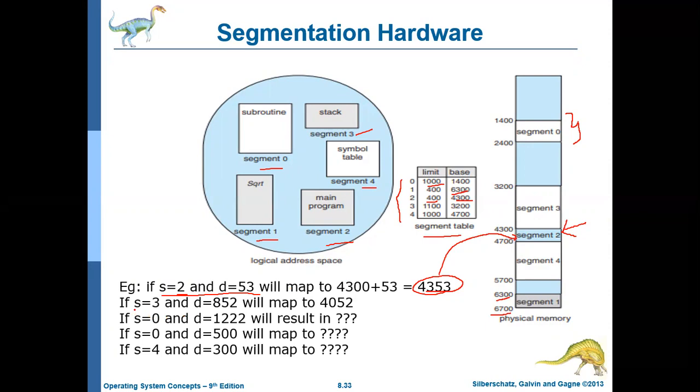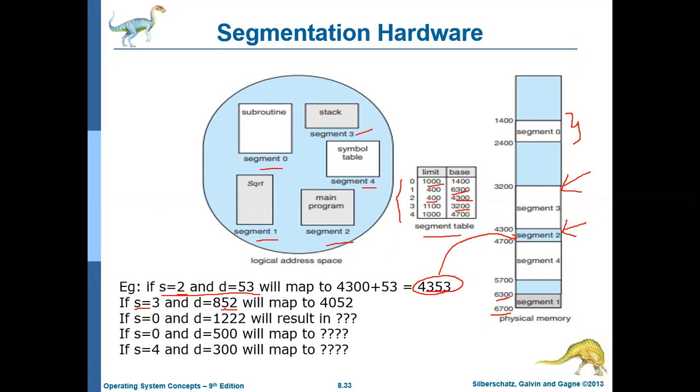Then if S equal to 3 and D equal to 852, what will it map to? S is 3 means the base address is 3200, so it refers to this location. D is 852.